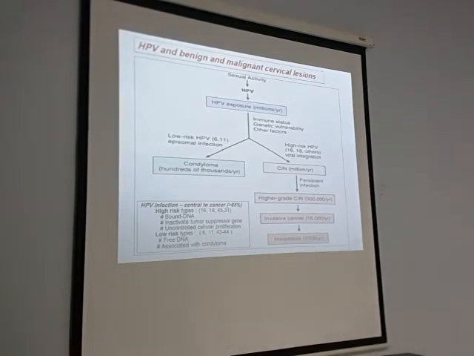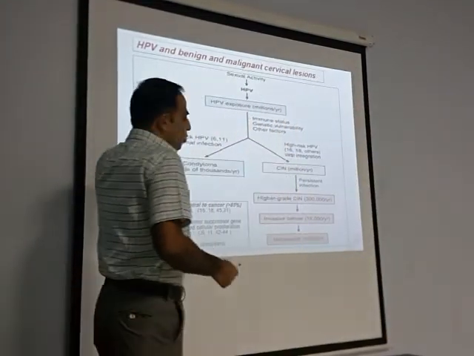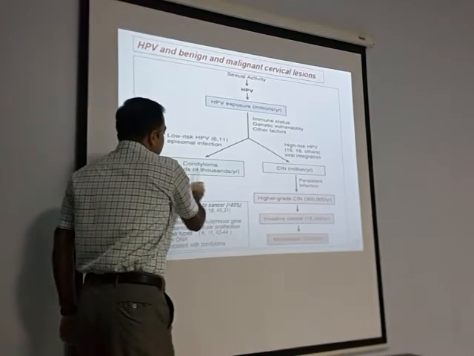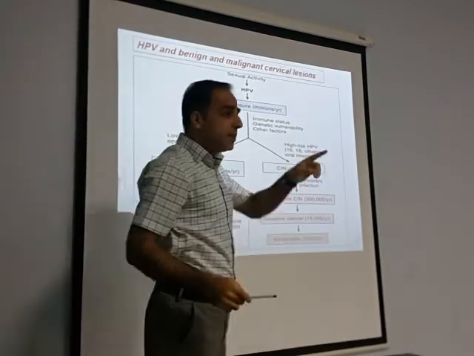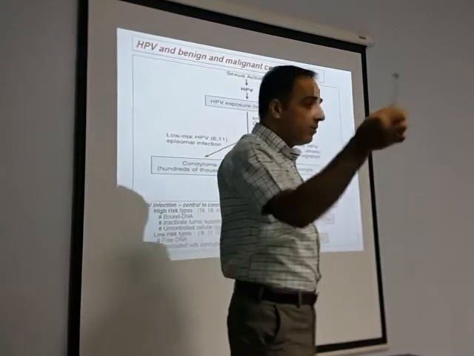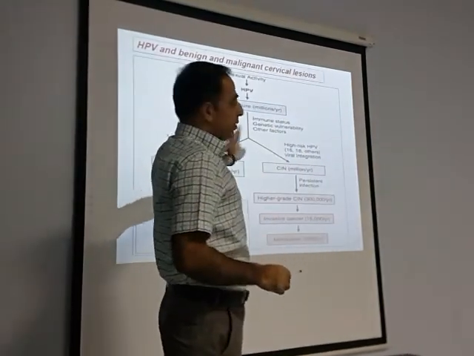You might have seen some people if you go to hospitals. These are condylomas, benign swellings. Out of millions, hundreds of thousands per year will have condylomas, especially those having low risk HPV.